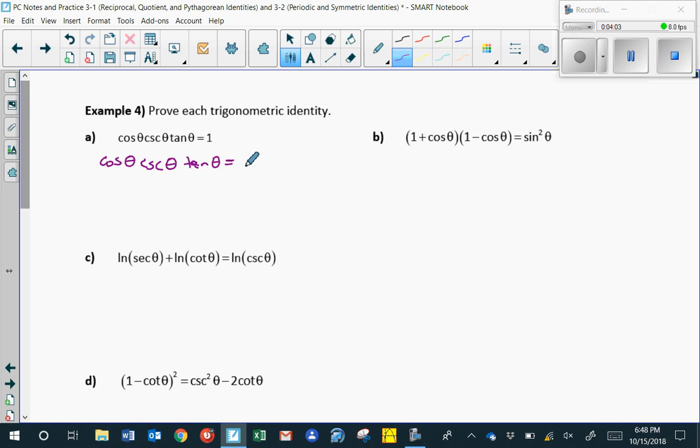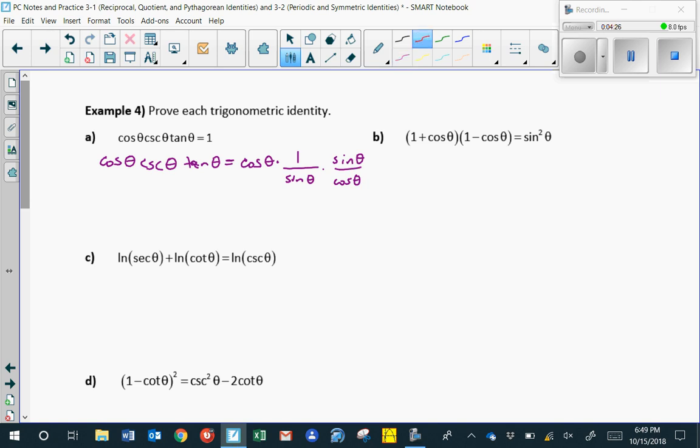There's not much I can do with cosine of theta, so I'm just going to leave that one alone. I can rewrite cosecant of theta as 1 over the sine of theta. I can also write the tangent of theta as sine of theta over cosine of theta.